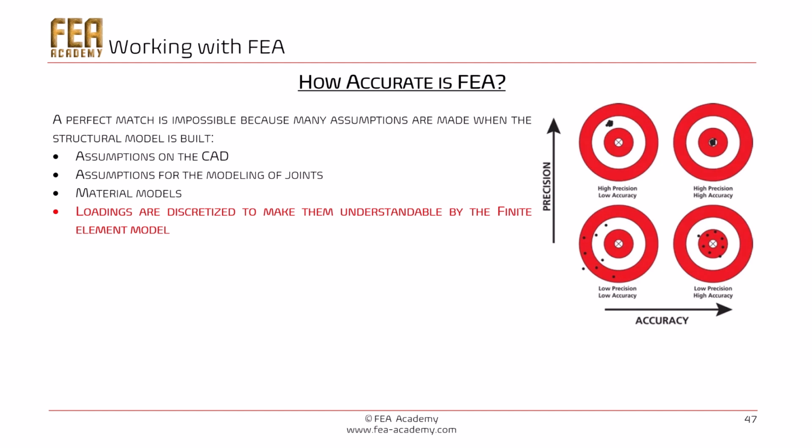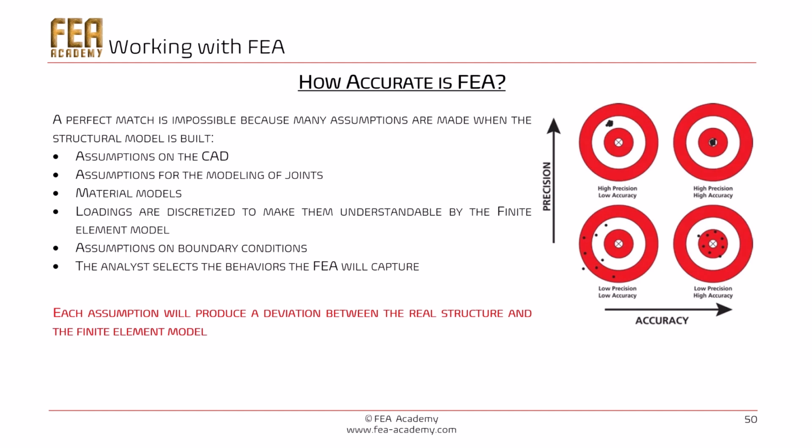So this assumption on the real loading will play a major role in the accuracy. Also, we're going to make assumptions about the boundary conditions of the reality versus the boundary conditions of the model. Also, the analyst selects the behavior that the FEA will capture.